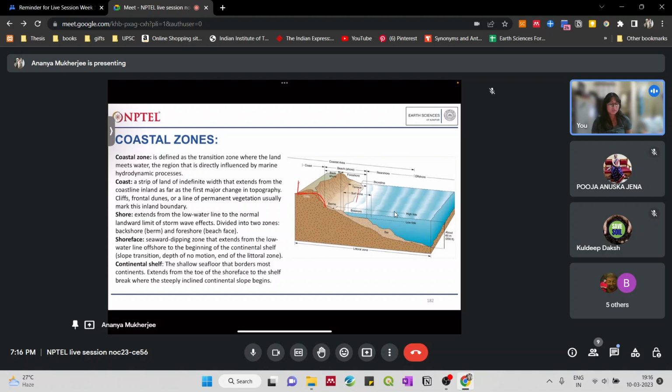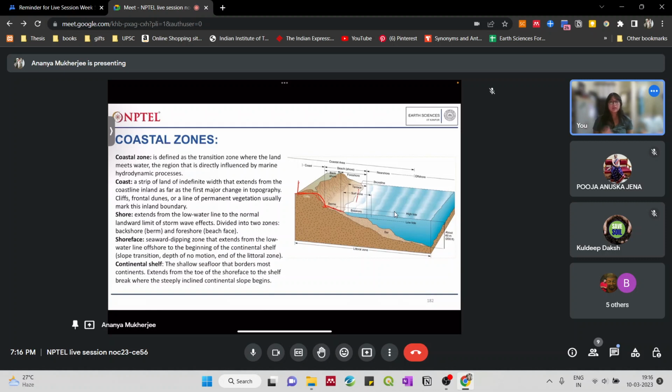From here you can see, then this part is the beach. Cliffs, frontal dunes and the vegetation line are part of the coast, which is mostly towards the land side.